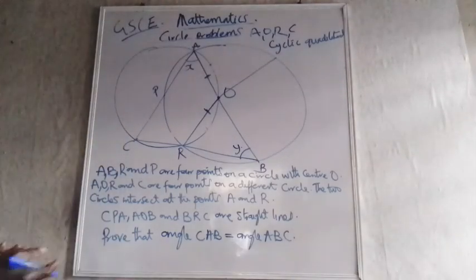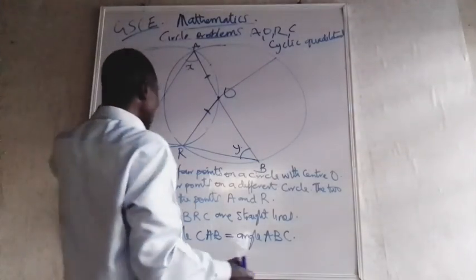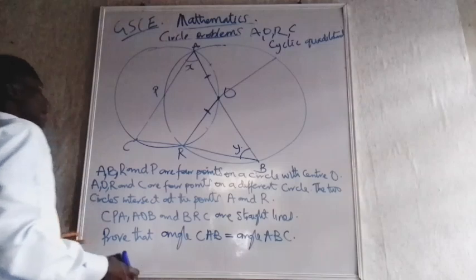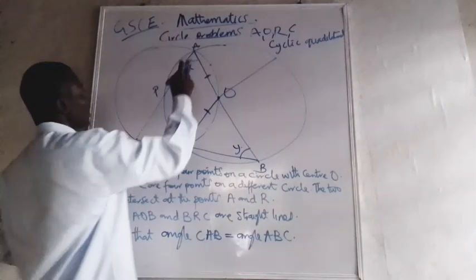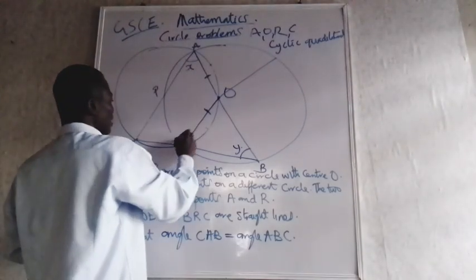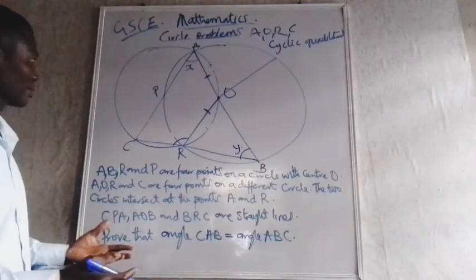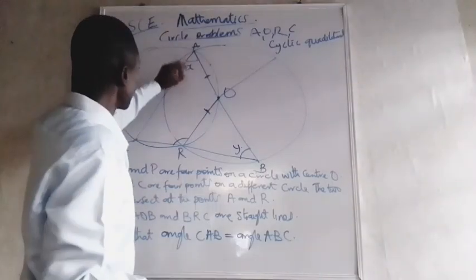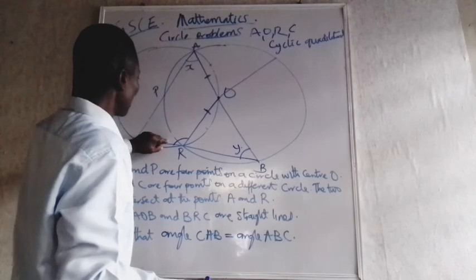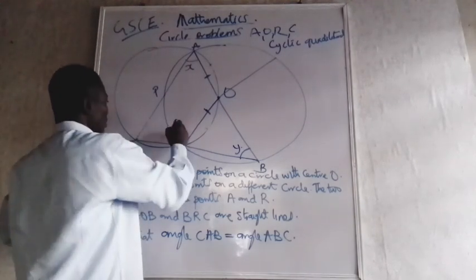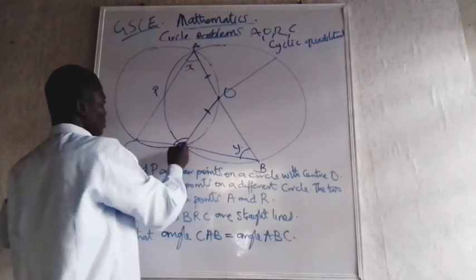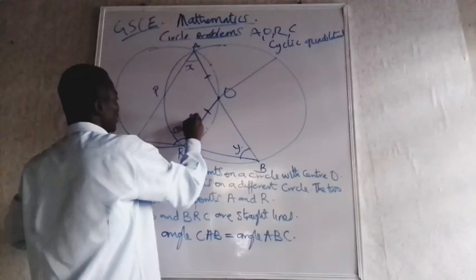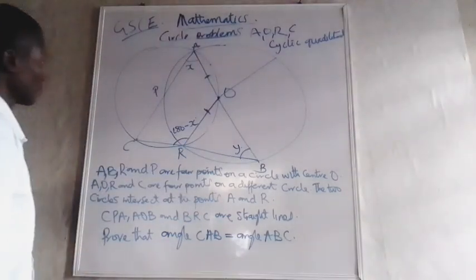And in a cyclic quadrilateral, opposite angles are supplementary. And what does that imply? It means that this angle here plus this angle here will be equal to 180 degrees. So it implies that this place is equal to 180 minus x.